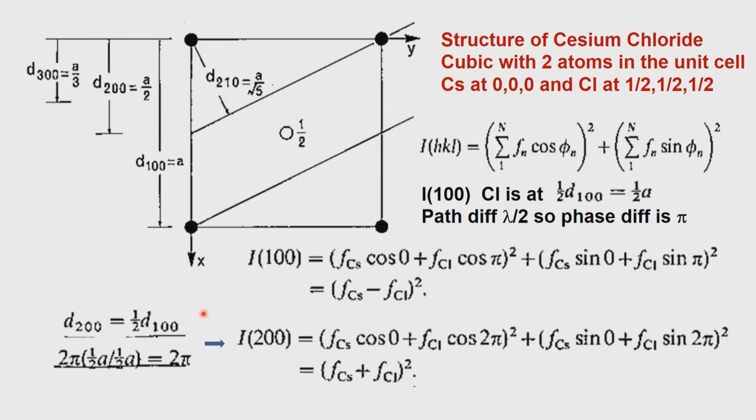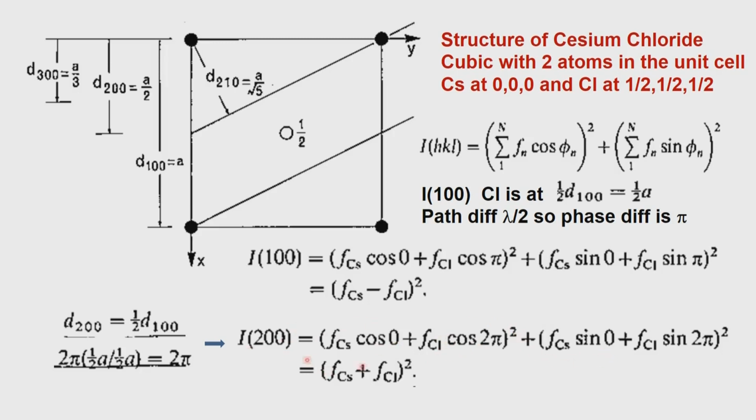So, we have therefore for I200, the scattering factor of Cs cosine 0. For chlorine now it becomes cosine 2 pi, because now d 200 is the first plane out after 000, and therefore, it will now have a path difference of lambda. So, the phase difference is 2 pi. So, we get f Cs cosine 0 plus f Cl cosine 0, squared.